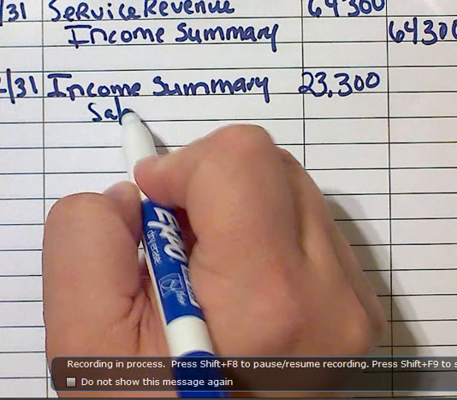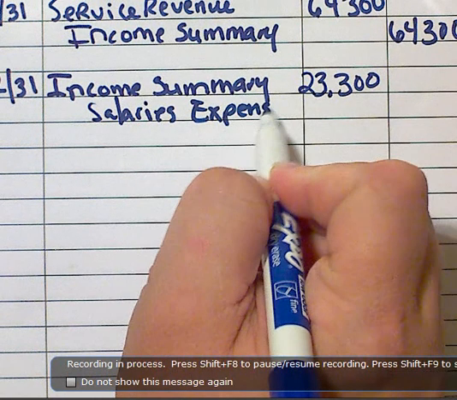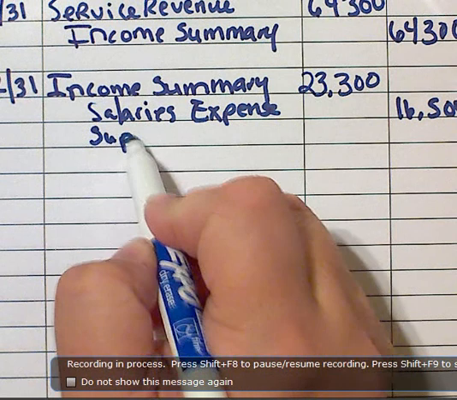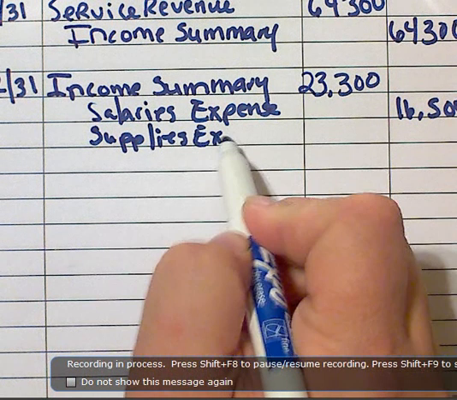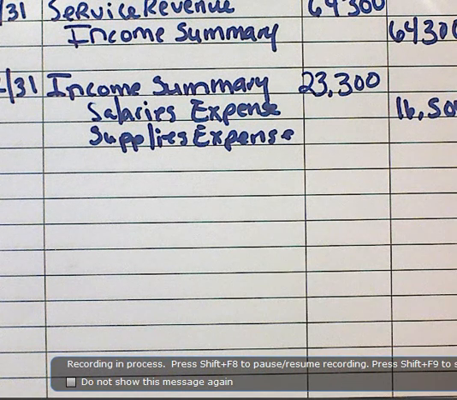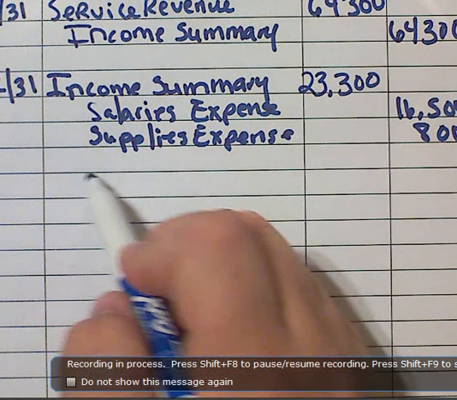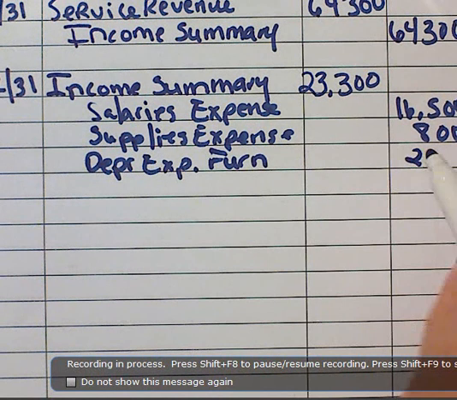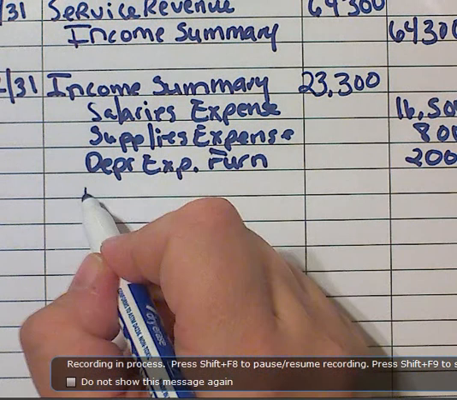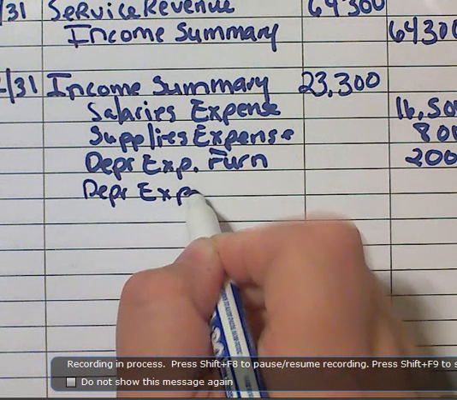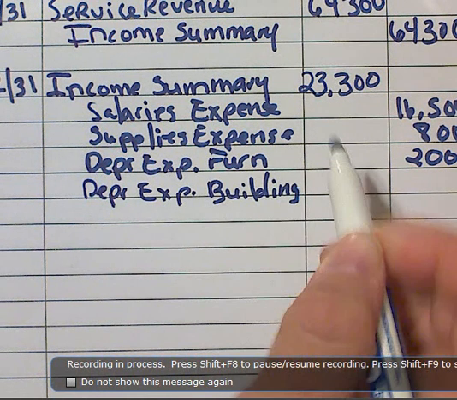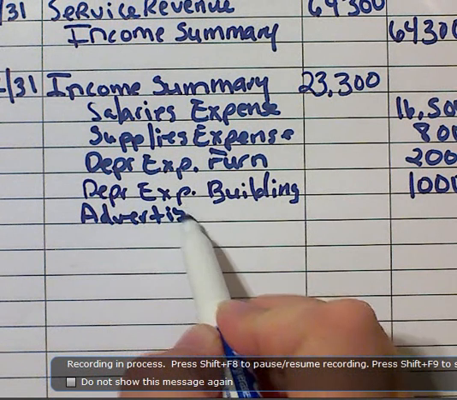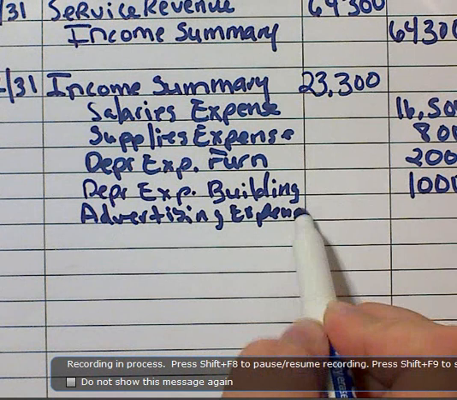I have salaries expense of $16,500, supplies expense of $800, depreciation expense, furniture is $2,000, depreciation expense, buildings is $1,000, advertising expense is $3,000.